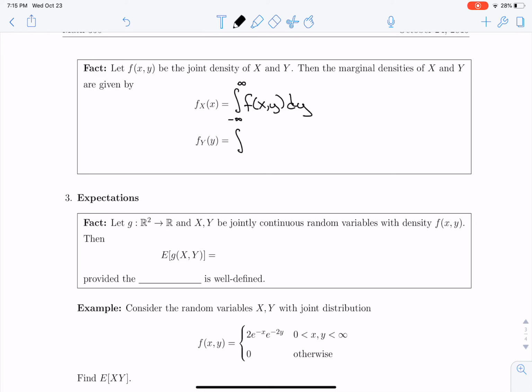And then the marginal density of y is the integral from minus infinity to infinity of f of xy dx. So essentially, the marginal densities are where we integrate out all the possible y's to get the marginal density of x, or integrate out all the possible x's to get the marginal density of y.